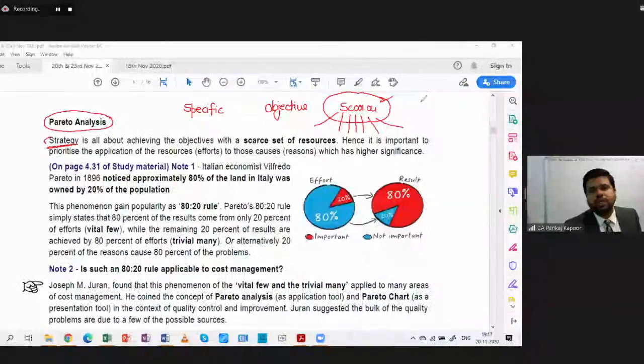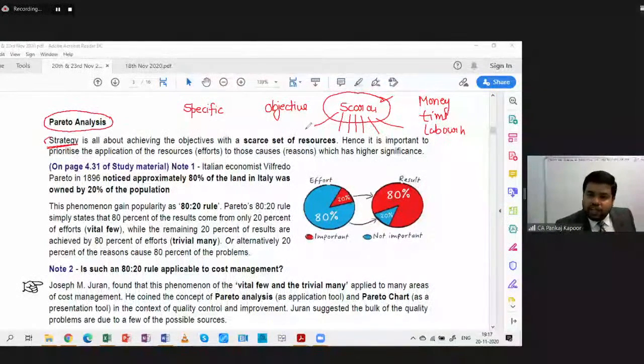The resources may be money, the time of the management, or labor hours. So we need to deploy our time and money on various issues. Now the question arises: if resources are scarce, on which issue must we fully focus, and which issues can we ignore?